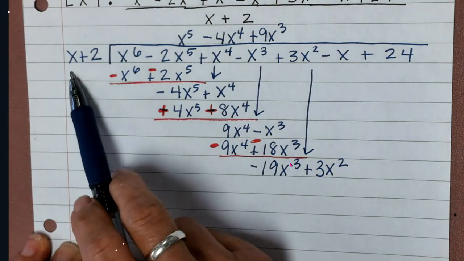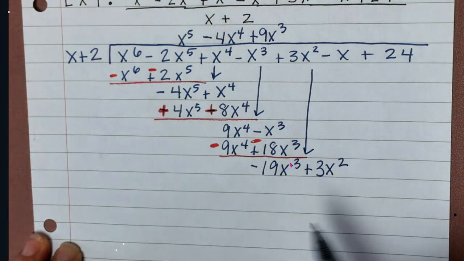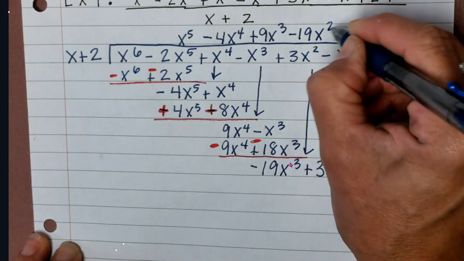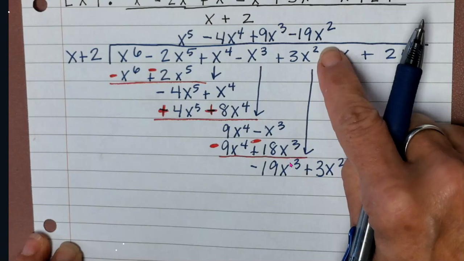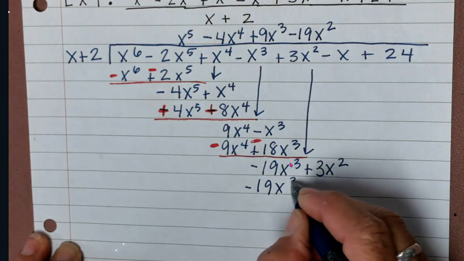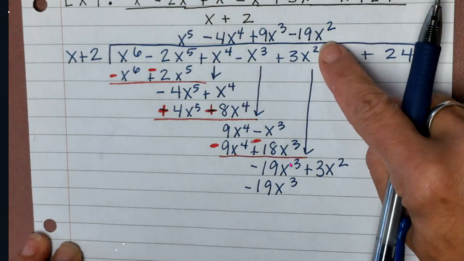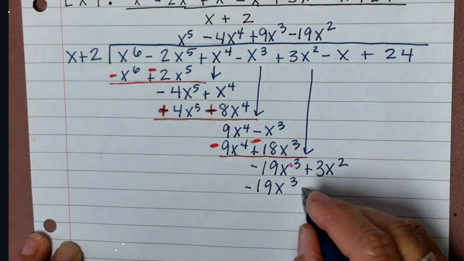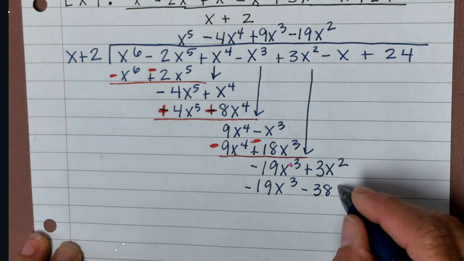All right, I want that x to look like that. I am going to multiply it by a negative 19x squared. Negative 19x squared times x is negative 19x to the third. Negative 19x squared times a positive 2 is a negative 38x squared.